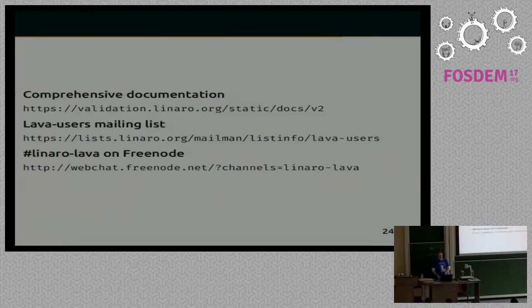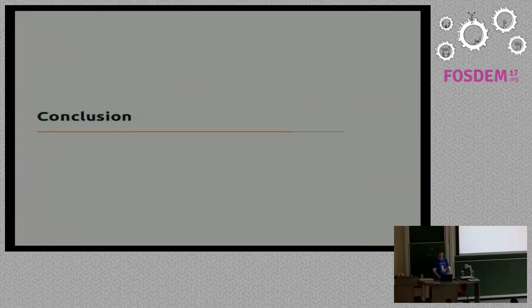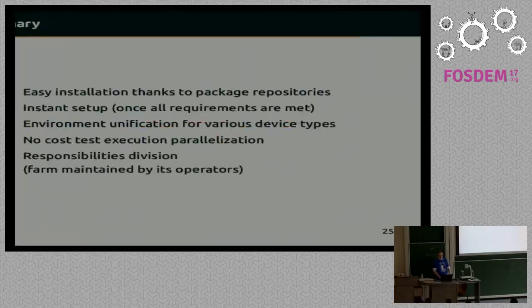To sum it all up, I hope that I showed you that the initial setup of a Lava laboratory is pretty easy, thanks to package repositories for the Debian platform already in place, and that setup is instant once you know what to expect and what you have to prepare beforehand.